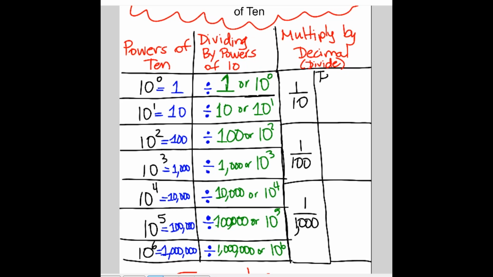I'm going to go ahead and write that. It's our tenths place, and that's going to look like 0.1 if we have it as a decimal. And if we're multiplying by that 0.1, that still means that we're dividing. So we'd be multiplying by 0.1. And that still means divide.